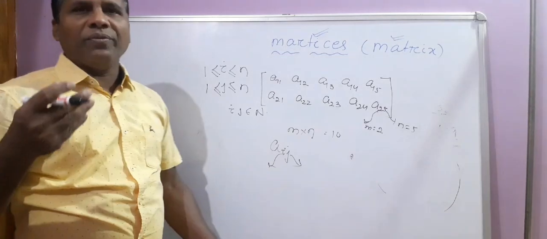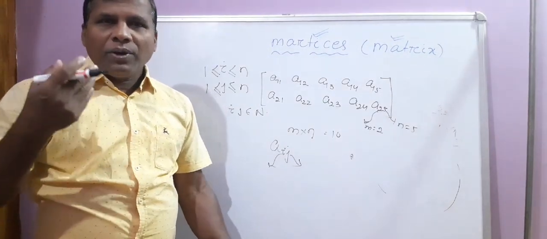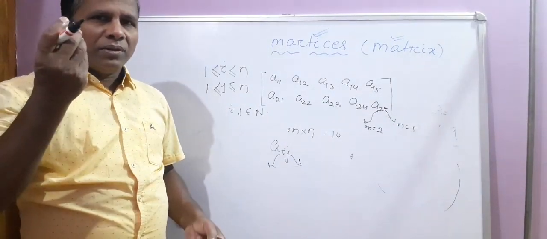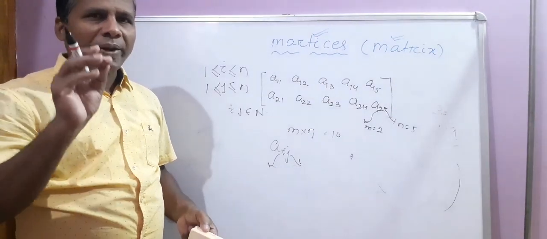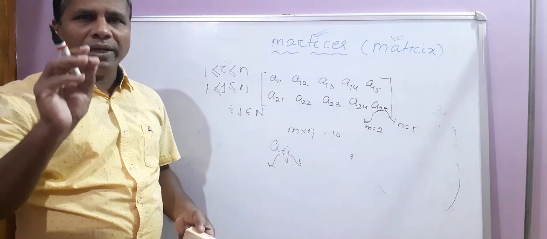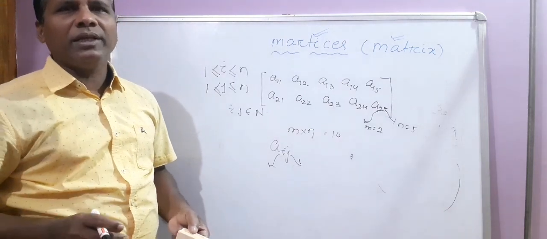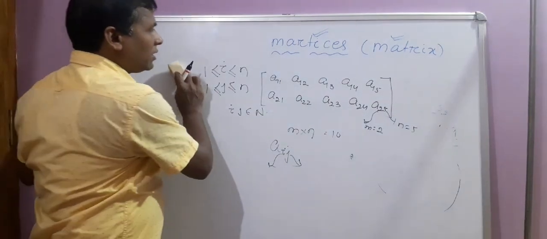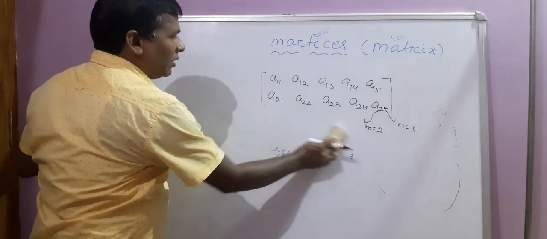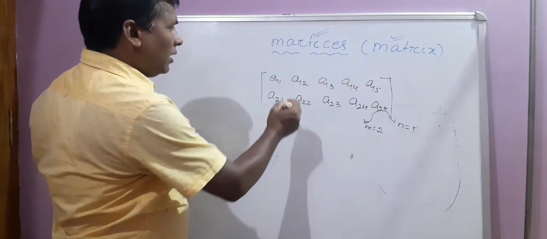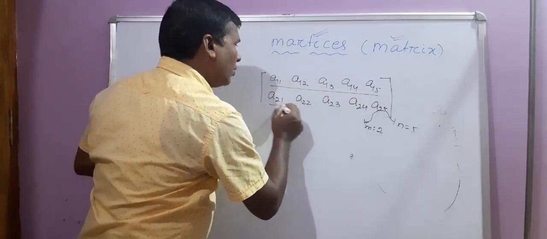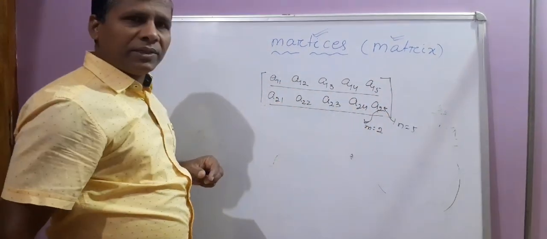So how do we define the different orders of elements using the different elements? Just like this, suppose 10 entries. This is one kind of systematic arrangement.